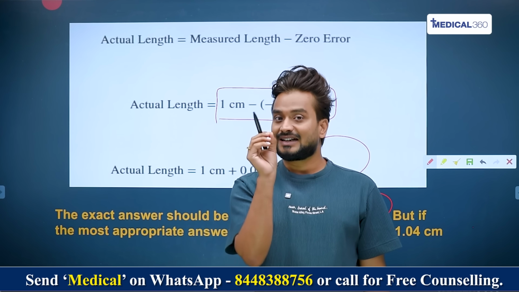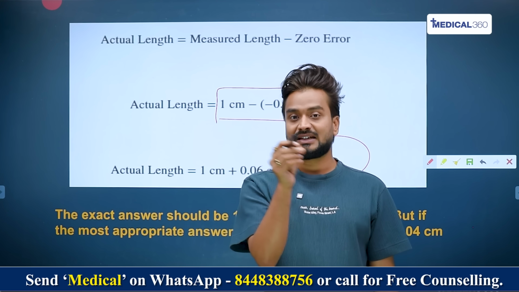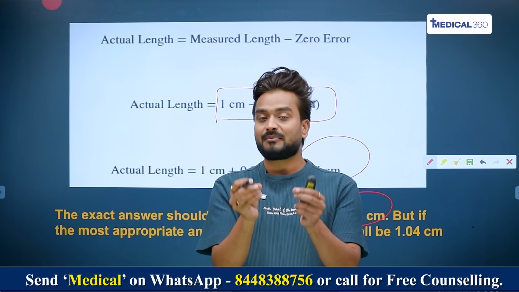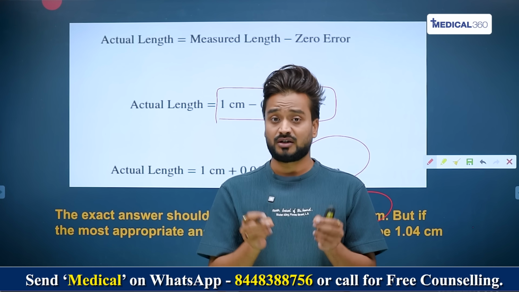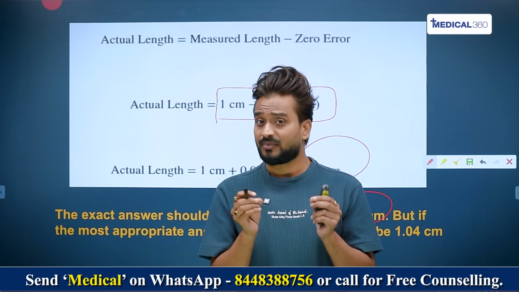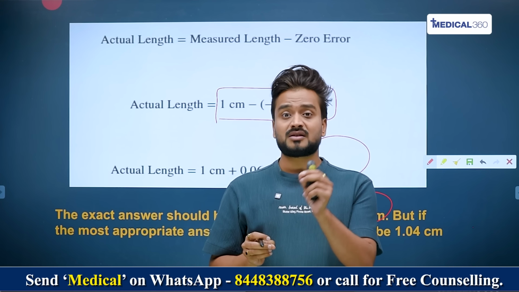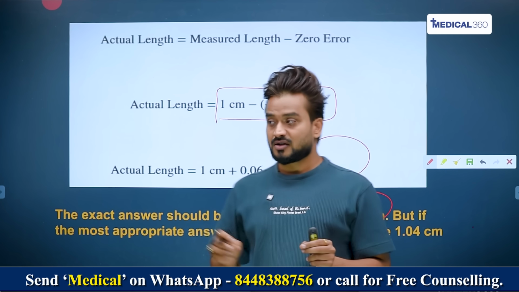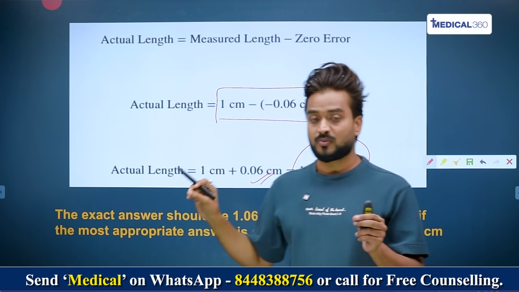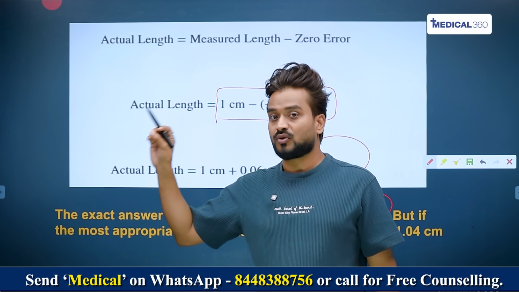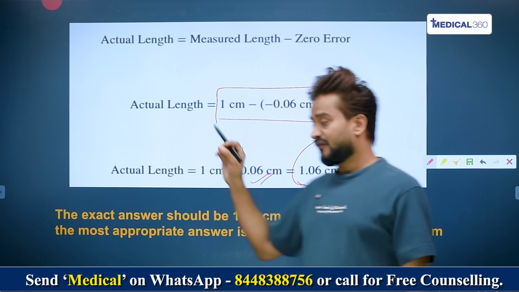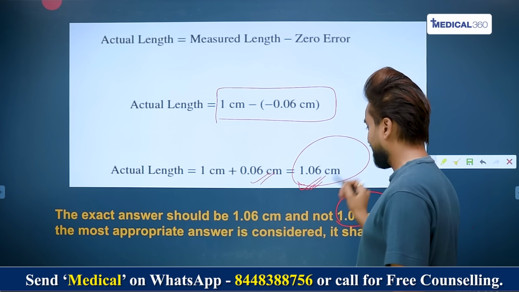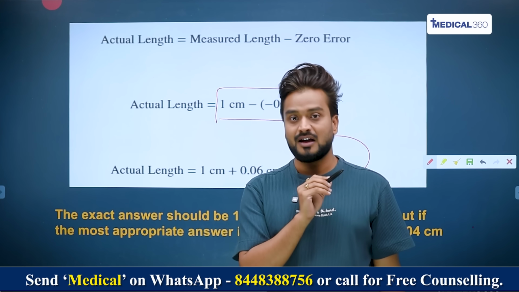But since it is not the exact answer, there can be an equal probability that NTA might provide bonus to this question for all the students who have attempted this question. Remember, bonus is not applied for the students who have not appeared or attempted this question. So if you have attempted this question, there is an equal probability that you can be given bonus marks or plus over this question if NTA considers 1.06 centimeter as the correct answer for this question.